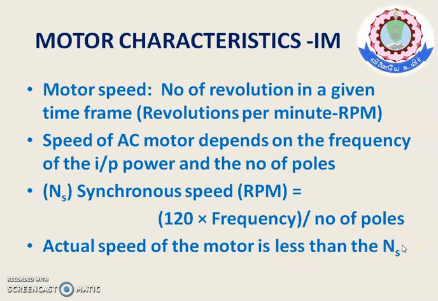Suppose the synchronous speed of a particular machine is 1500 RPM. Your induction motor will run at 1450 RPM, whereas your synchronous motor will run at 1500 itself.